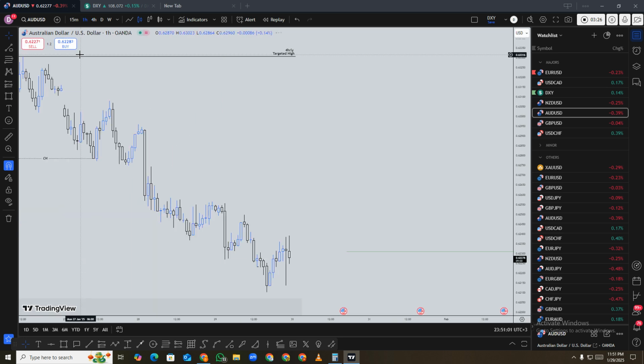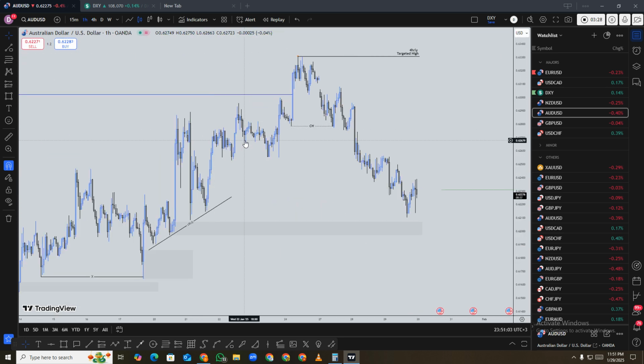But I never showed you the hourly zones, the 1 hour zones. As you can see, we do have that low resistance liquidity, otherwise the trend line liquidity, and I think that will form a magnet for price. The only zone that has not been mitigated would be this one.